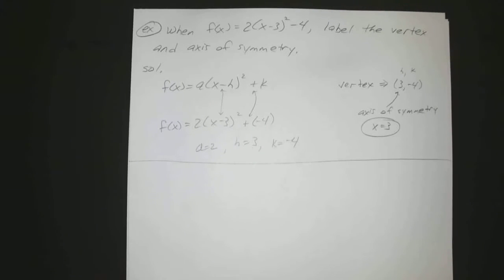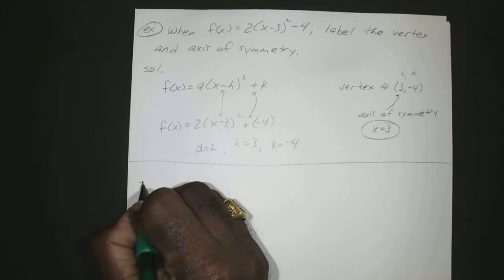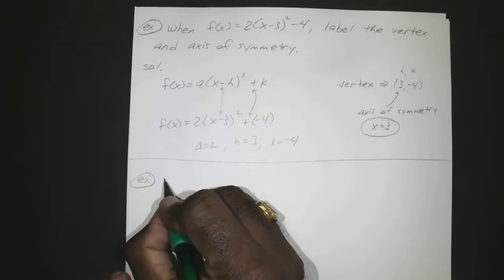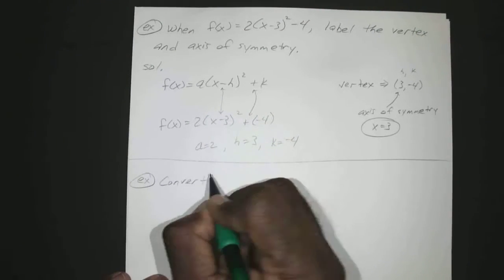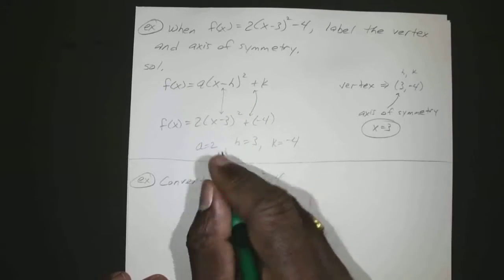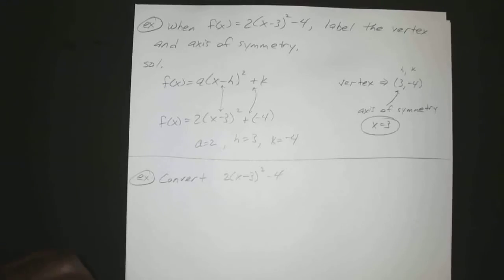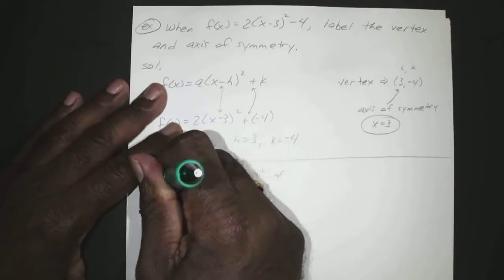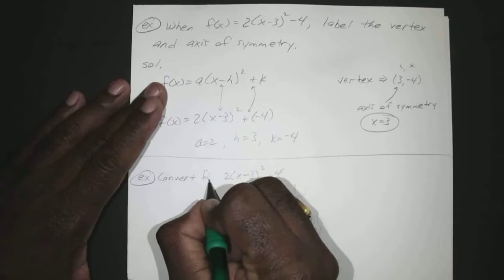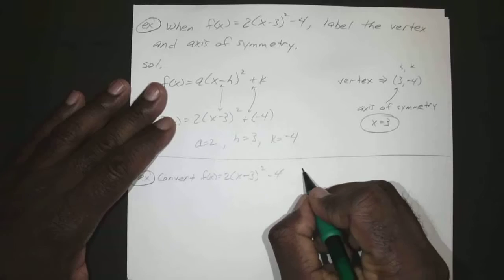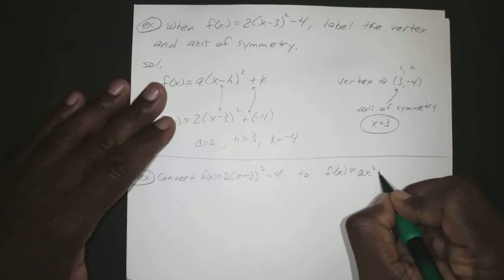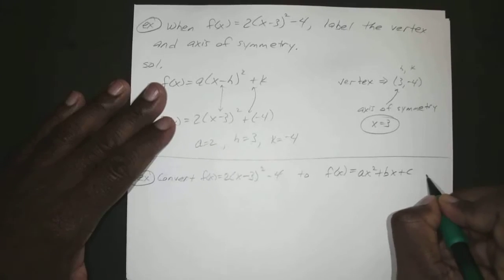Okay, so let's see. Just a quick one. We're going to convert this, f of x equals 2 times x minus 3 squared minus 4, to f of x equals ax squared plus bx plus c form.